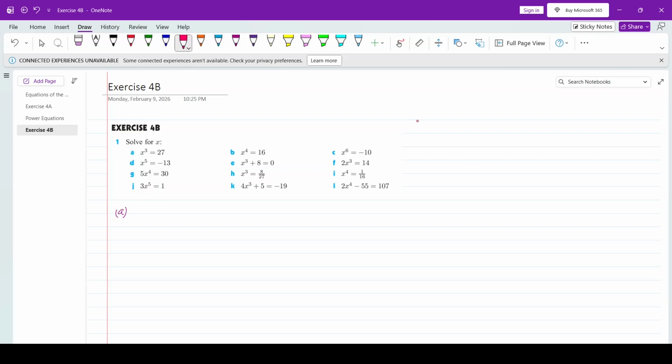Let me first write all the formulas. So we have x raised to the power n is equal to k. When n is even, then x is equal to positive or negative nth root of k if k is greater than 0, and if k is equal to 0, then x is equal to 0.